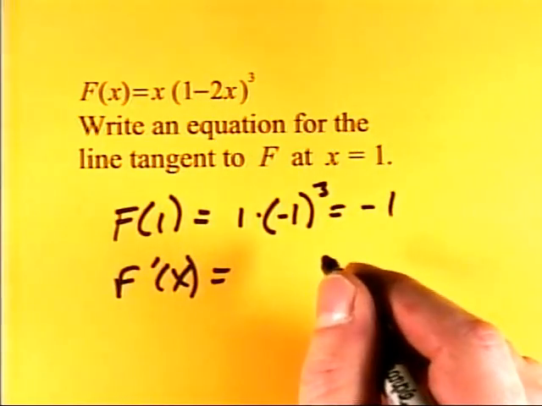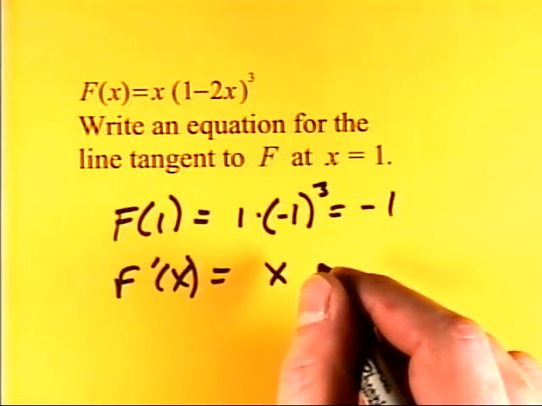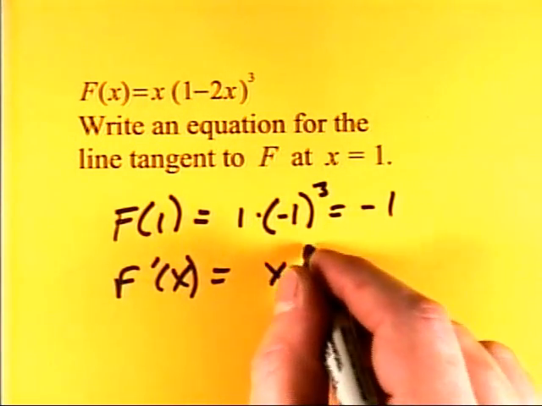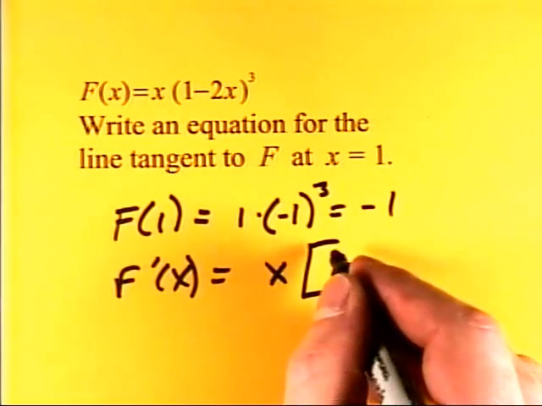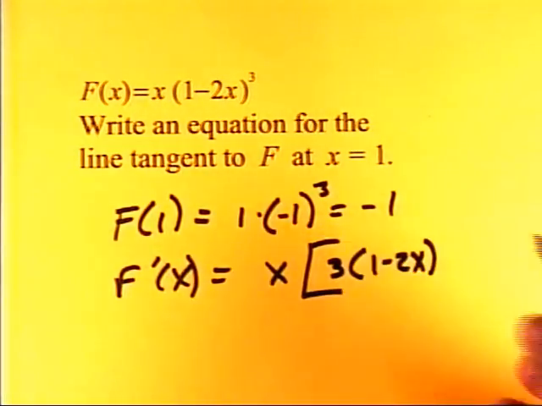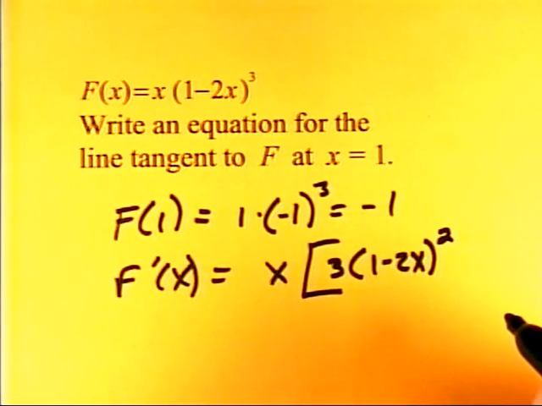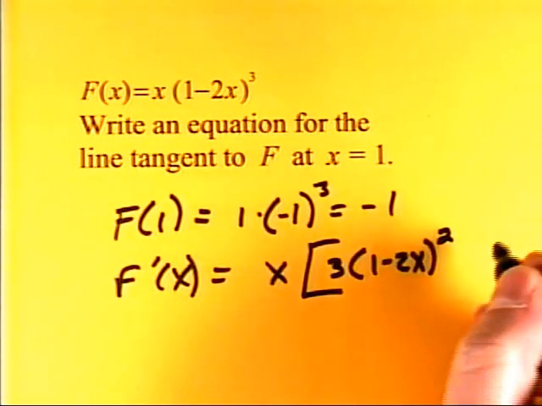Alright, to get the derivative, you've got to do the product rule. First, and just the derivative of the second. What's the derivative of the second? 3 times (1 minus 2x) squared, times negative 2. Excellent.